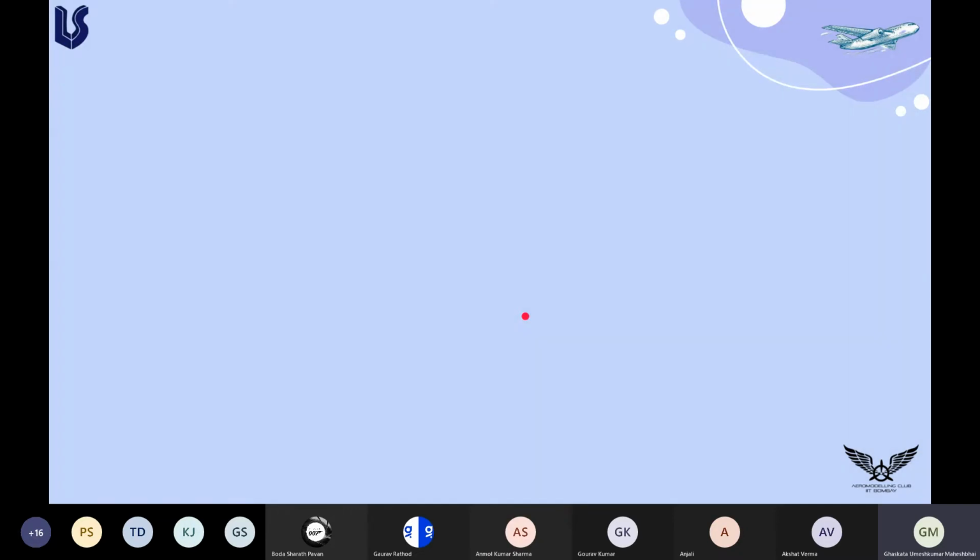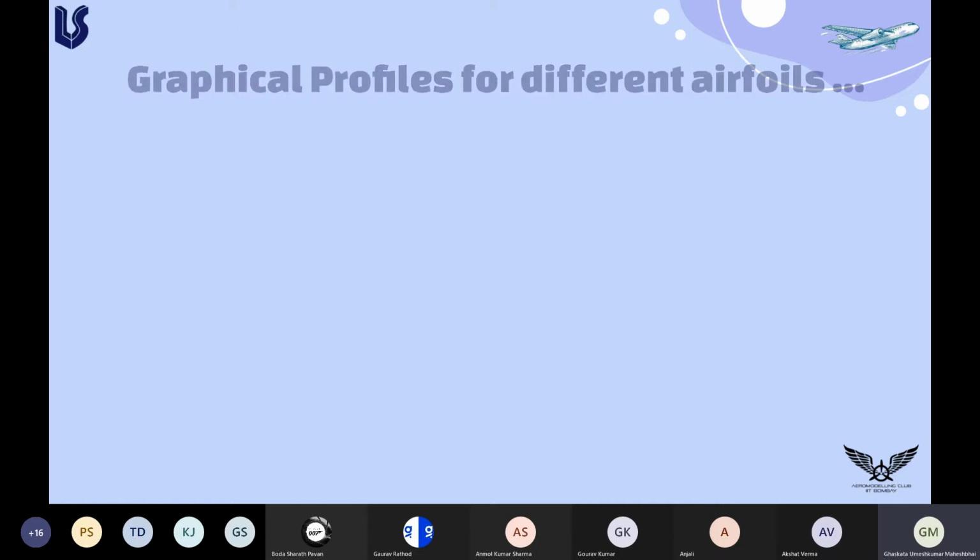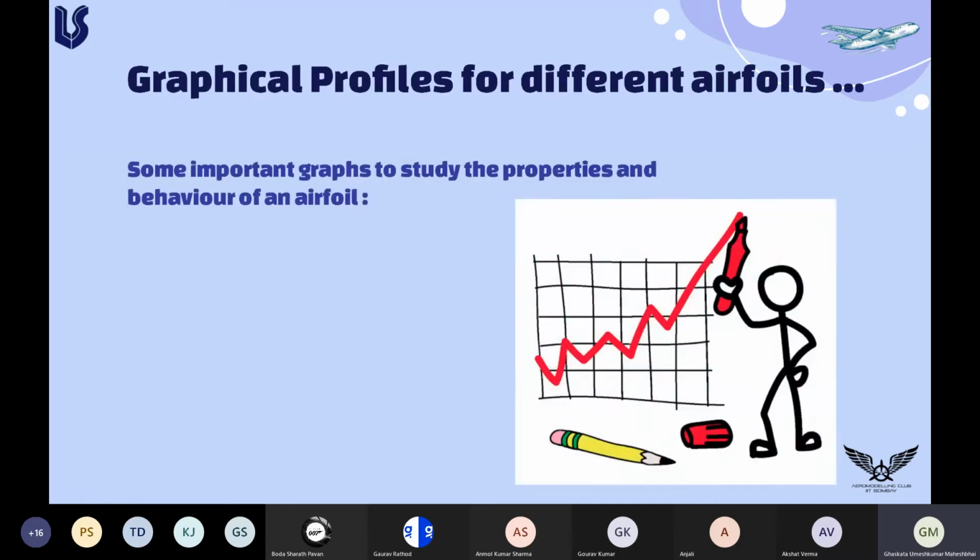And next is the graphical profile for different airfoils. Now we are going to see how these graphs generally look and how to read them, so that when you use XFLR5 and analyze these graphs, it will make sense to you about the behavior of the graphs.